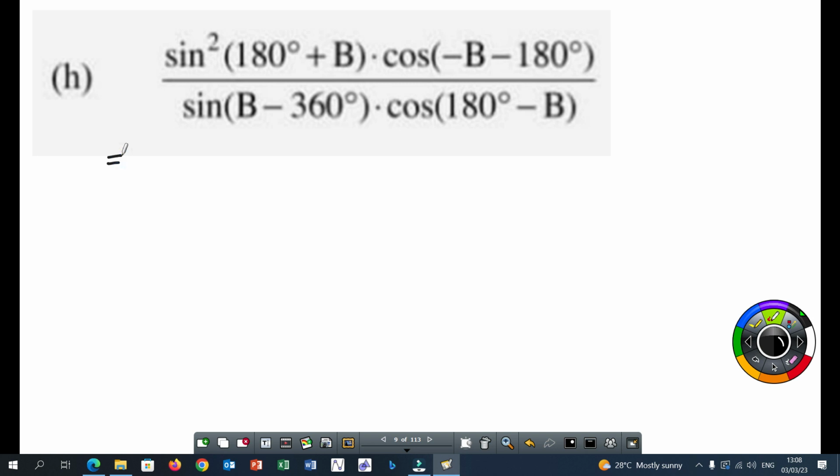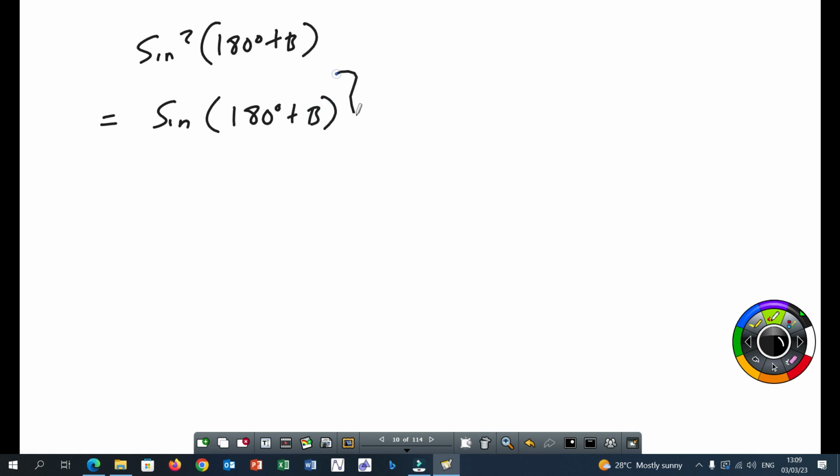So first thing, before we go anywhere, I just want to explain what this means. Some of you might have simplified that in an incorrect way. Sine squared of 180 plus b is the same as sine of 180 degrees plus b, all squared, like that.